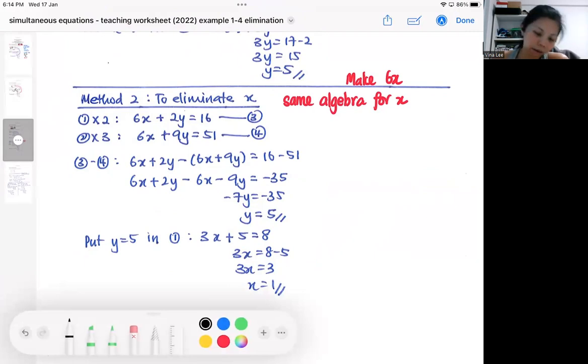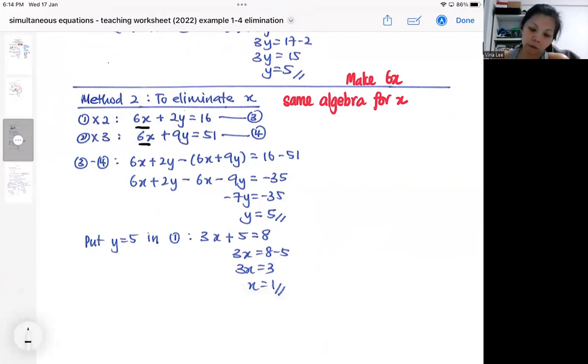Look at the same algebra, 6x and 6x. How are you going to make it a 0x? You will do a subtraction. You can do equation 3 subtract equation 4, or equation 4 subtract equation 3, it doesn't matter.